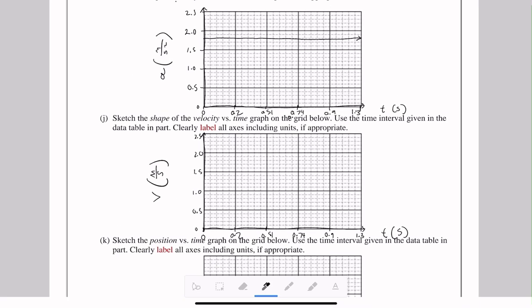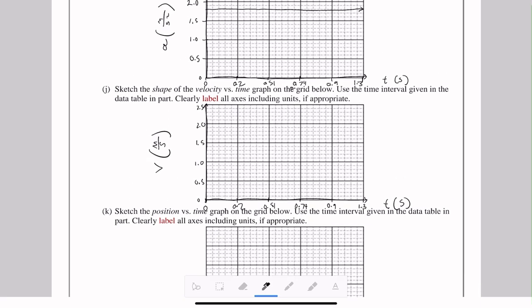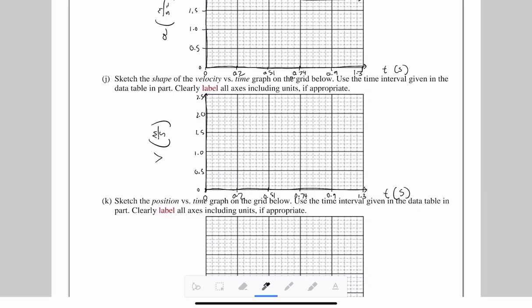And since acceleration is just a straight line, that means that v is increasing at a constant rate. So I'm just going to do a straight line this way. And this is my velocity versus time graph.